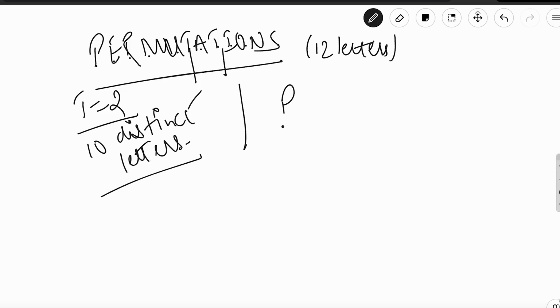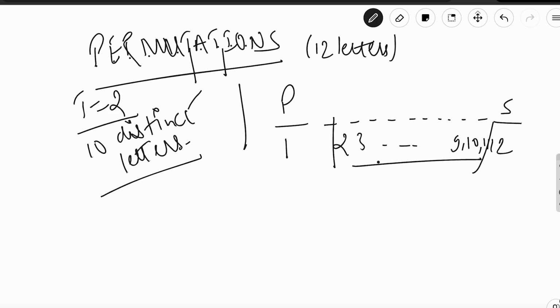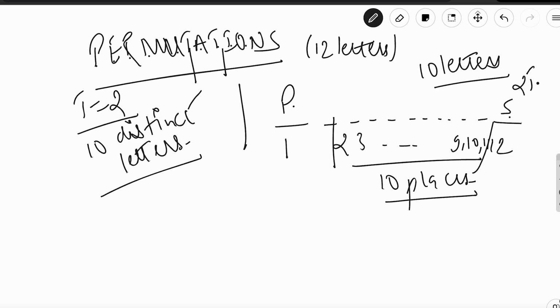So the first position is P, the last one is S. This is first, this is 12. For the rest we have 2 3 4 5 6 7 8 9 10 and 11. So these are 10 places. P and S are fixed, so now we are left with 10 letters, and amongst these 10 letters we have 2 T's.